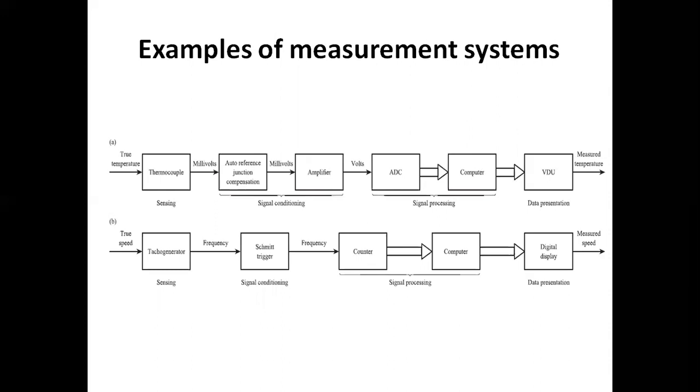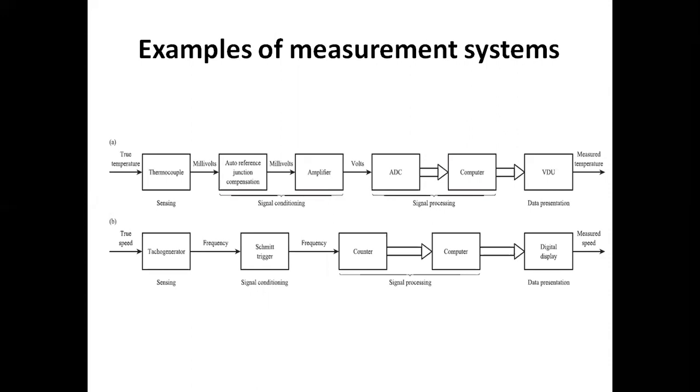So we have some diagrams that give examples of a measurement system. The first diagram is a temperature measurement system, where the sensing element is a thermocouple, which receives temperature and gives an output, which is a millivolt signal.